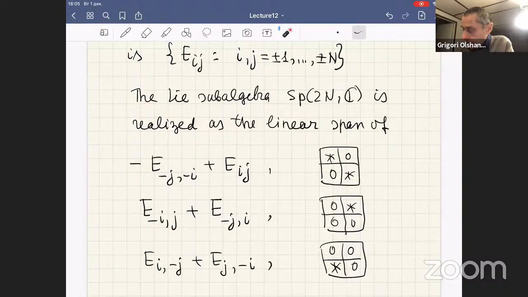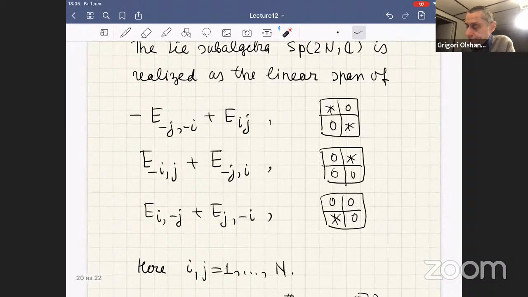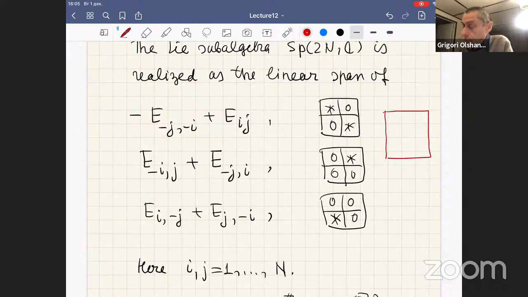This is of this form, and these are in this form. So what we have here is some triangular decomposition, or one can say grading. This is the 0 component. This is the +1 component. This is the -1 component.